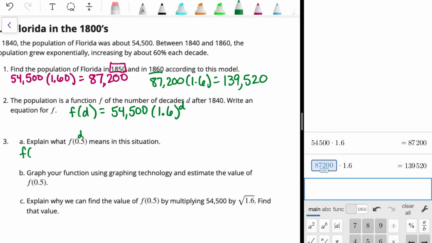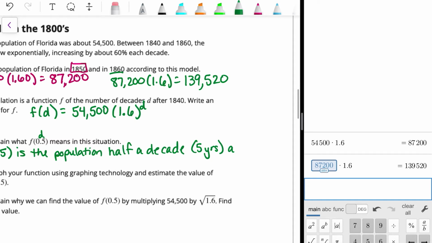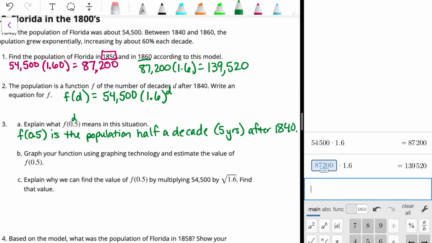So f of 0.5 is the population half a decade, or 5 years, after 1840. So basically, what is the population in 1845? Is really what that's saying.